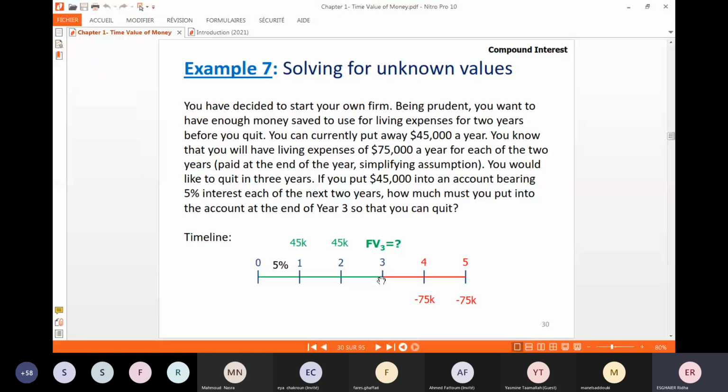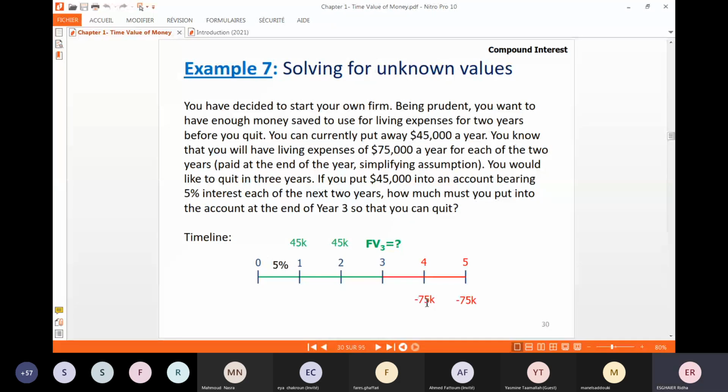Here, if we save 45,000 at the date 1 and we save 45,000 at the date 2, we put both in a savings account. We need to put a third amount at the end of year 3. The accumulated amounts at the date 3 must allow you to cover $75,000 expenses that you will pay at the end of year 4, and another $75,000 that you have to pay at the end of year 5.